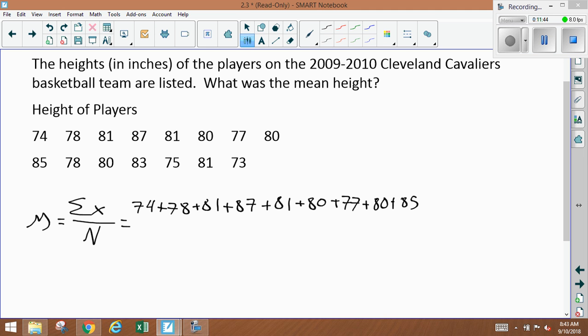Guys taking notes? Plus 78 plus 80 plus 83 plus 75 plus 81. I'm going to barely make it fit. Plus 73.